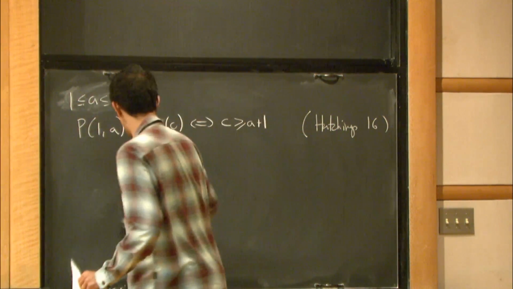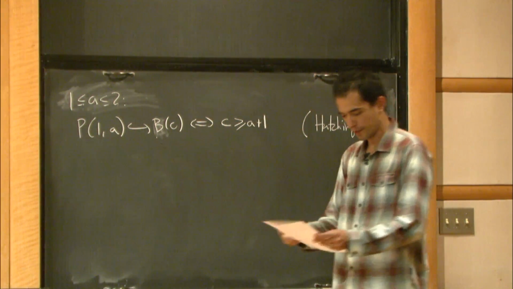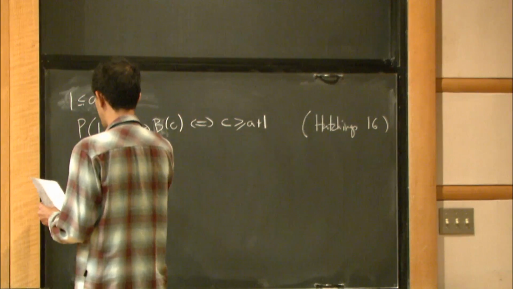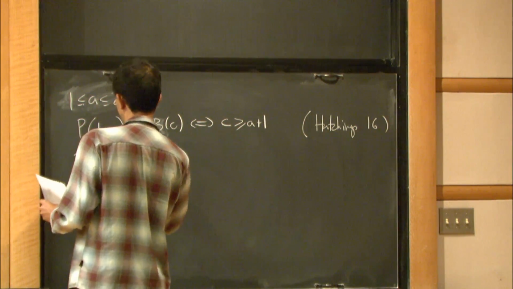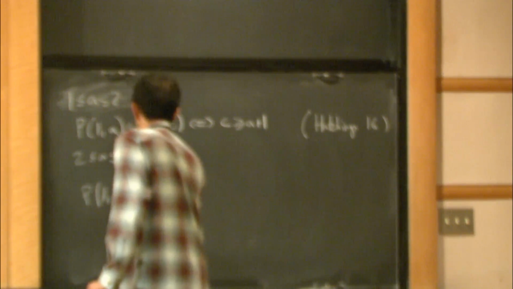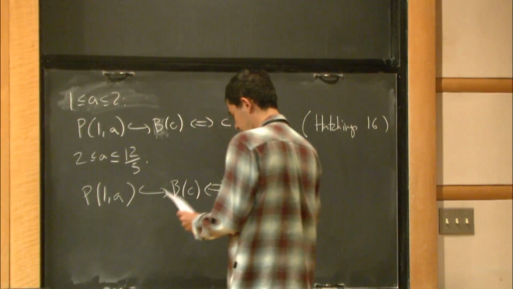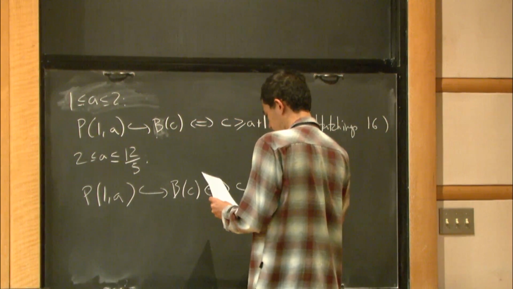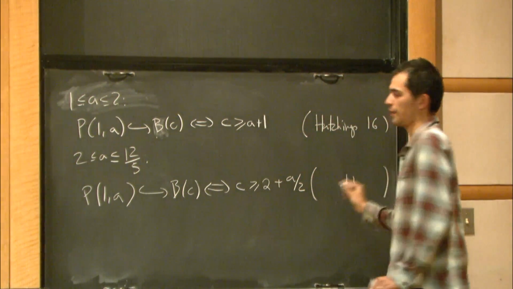And actually Hutchings, using the same techniques, showed that sometimes this is optimal. So if A is between 2 and 12/5, you can embed P1A into BC if and only if C is at least 2 plus A over 2. So this is also the same result.